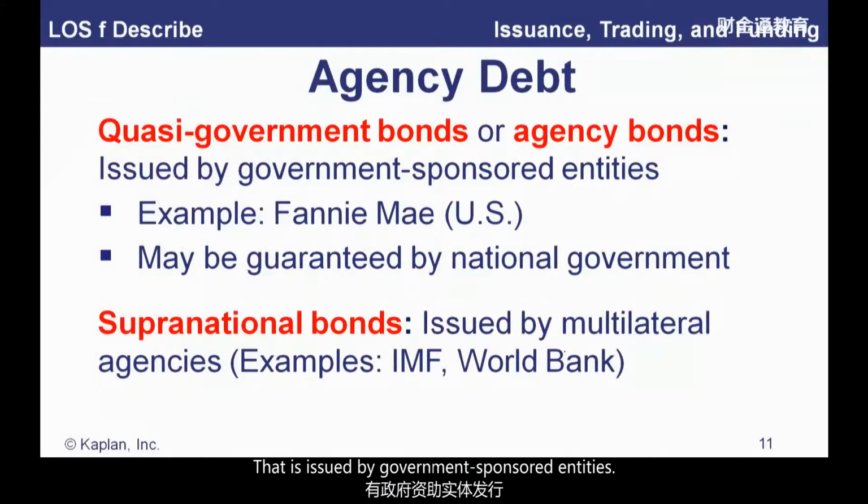It's issued by government-sponsored entities. Now, sovereign debt, U.S. Treasury bonds, are issued by the Treasury, and we say they're backed by the full faith and credit of the U.S. government. Well, there's a little distinction that that's not true with Fannie Mae, the Federal National Mortgage Association, for example. These may be guaranteed by a national government, but they may not.